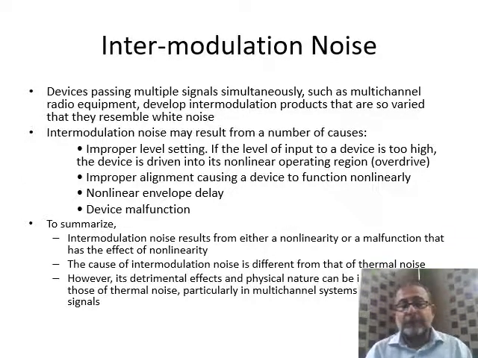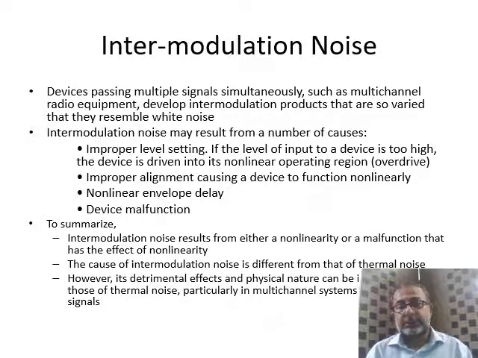Why do we have intermodulation? Due to nonlinear performance of electronics, of the transmitter, of the receiver. For example, if we have improper level setting, if the level of input to a device is too high, the device is driven into its nonlinear operating region.